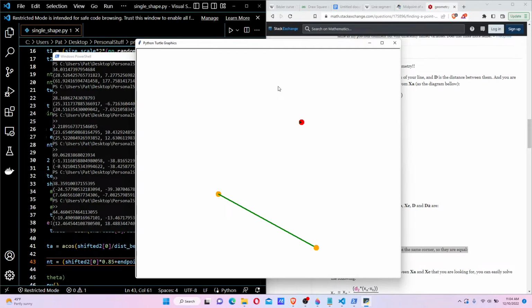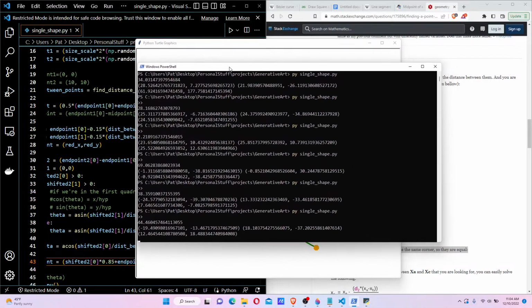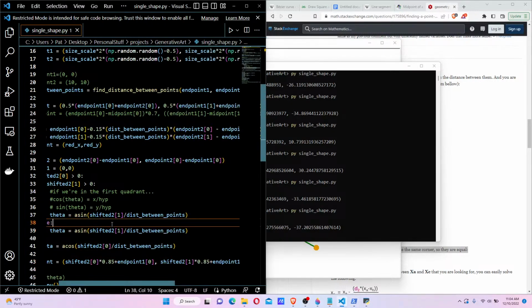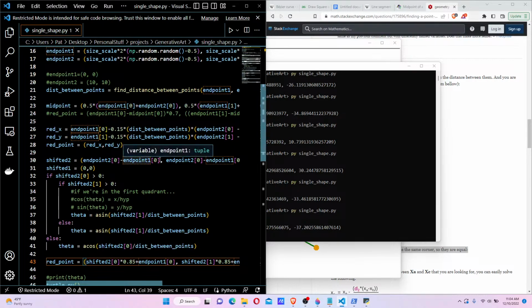It seems like then if you shift one of the endpoints to 0, 0, you do the difference between the points, multiply by 0.5. So you add endpoint 1 of 0. I don't see why this doesn't work.